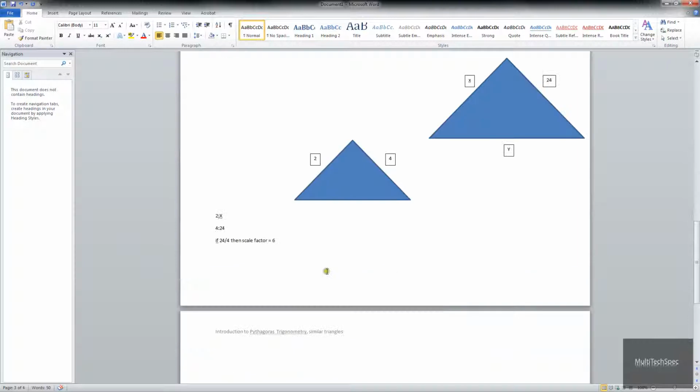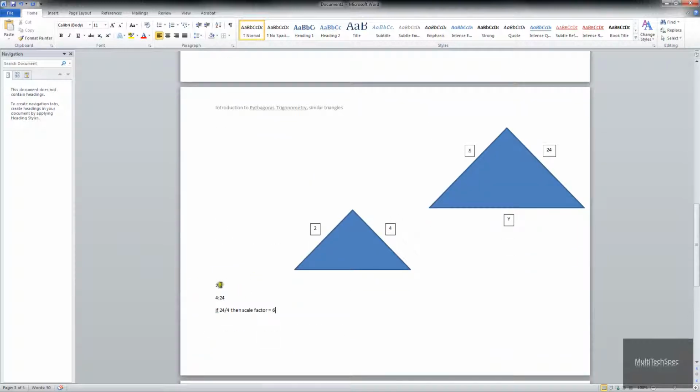At the moment, just bear with it. So we have a scale factor of 6. Now notice that one of the sides must therefore be 6 times bigger than the other. Hence the 24.